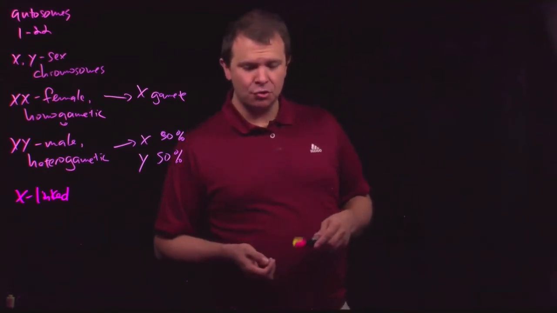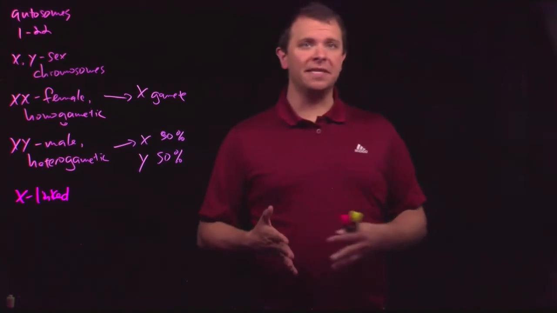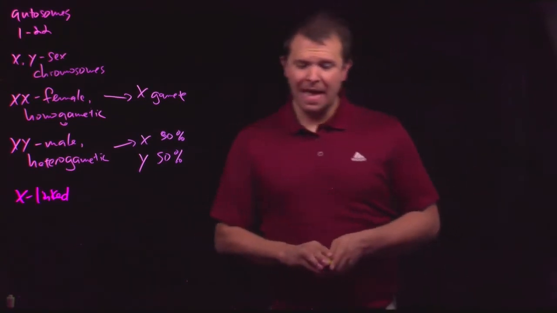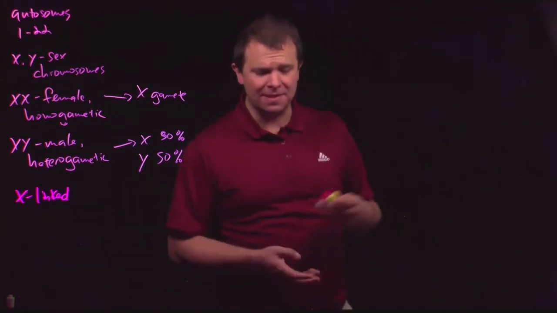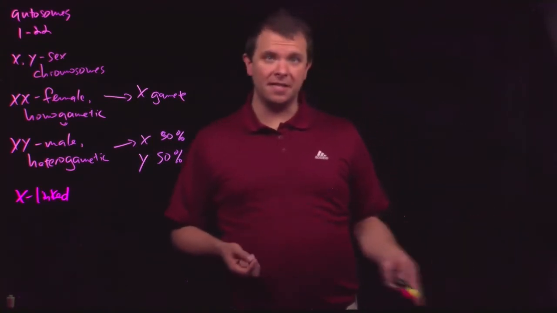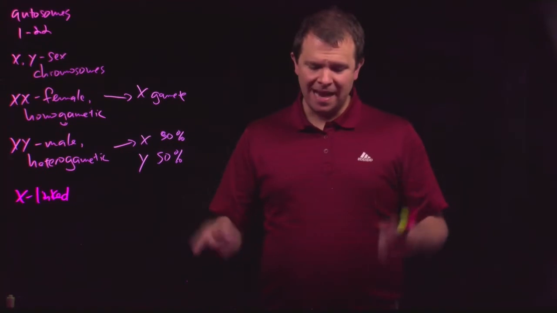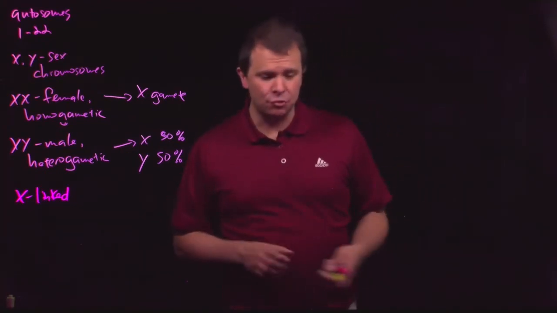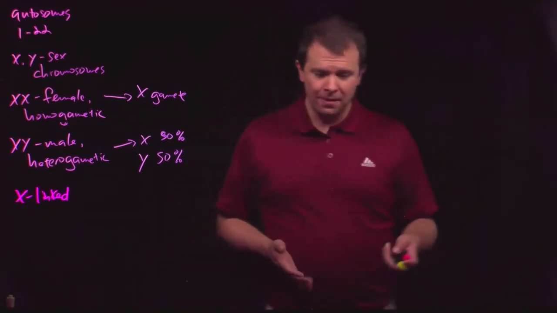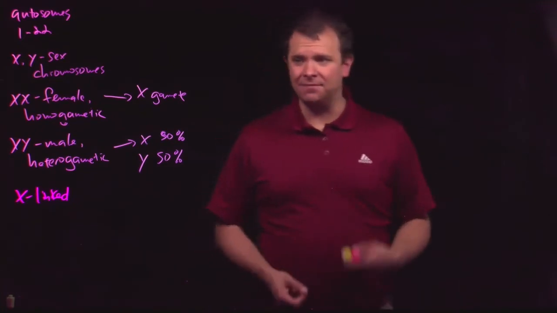Heterozygous females transmit each of those alleles to half of their offspring, and a female can receive a recessive allele but still show the dominant trait, right? However, a male who inherits an X-linked recessive trait from their mother always exhibits the recessive trait, right?